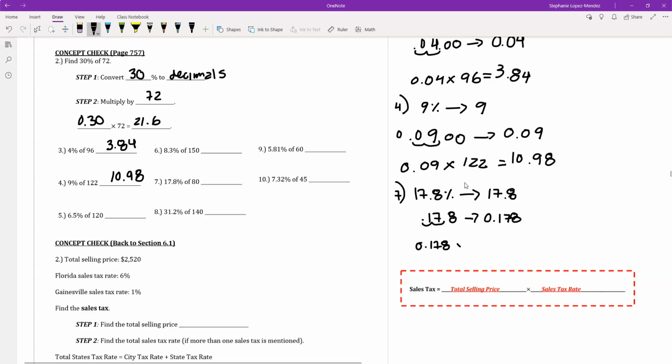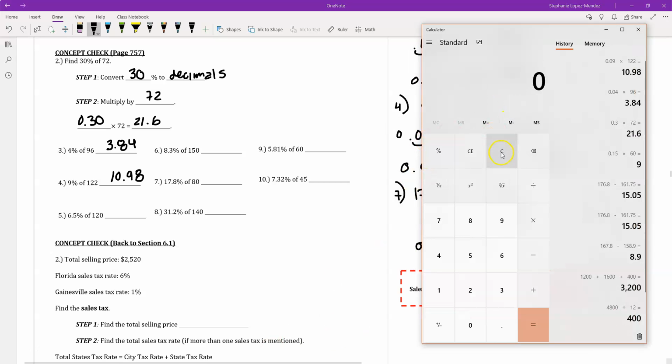And now I will multiply 0.178 times 80 equals, I'll go to my calculator and I will write 0.178 times 80.